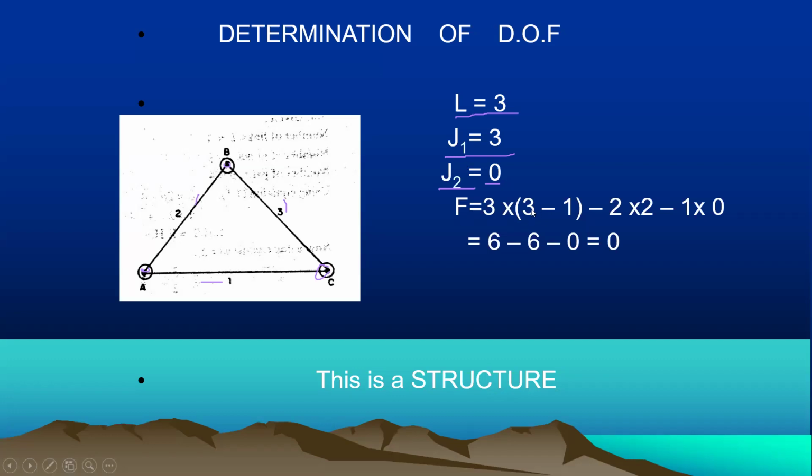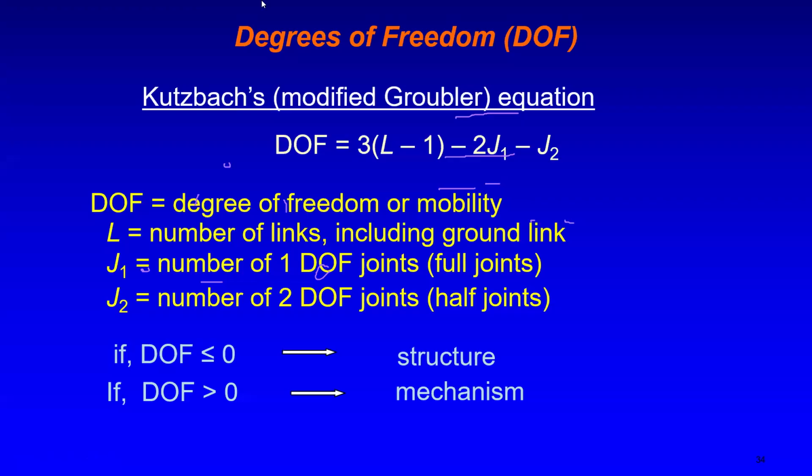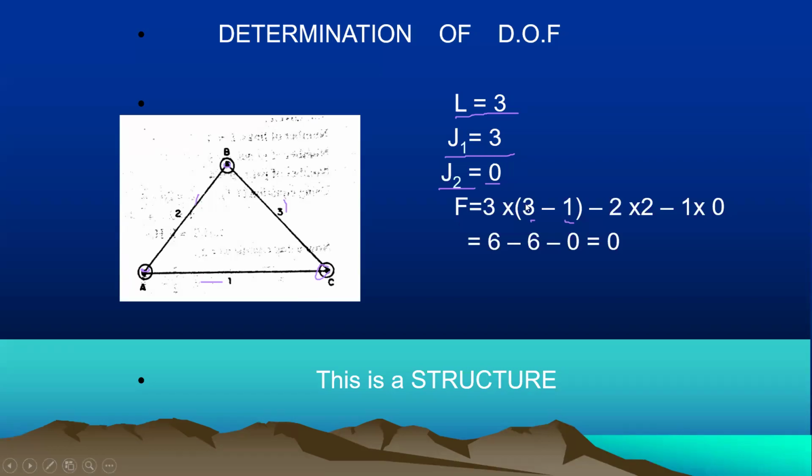In this case our L is 3, so we substitute in: 3 minus 1. Remember the equation, guys. You have to know the equation. From today, make sure you know it. The equation has 2J1, but our J1 is 3, and J2 is 0. Did we make a mistake right here?